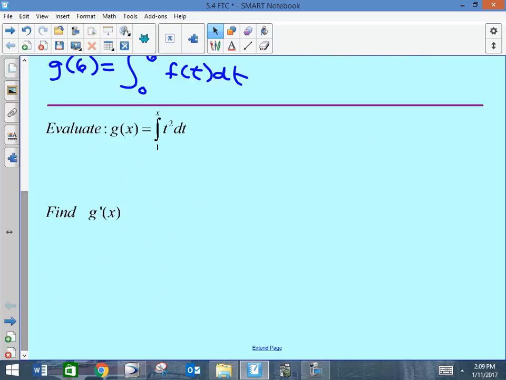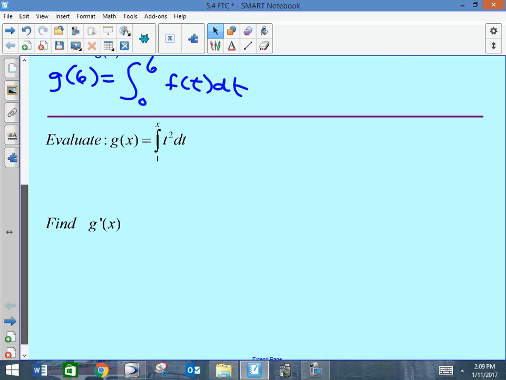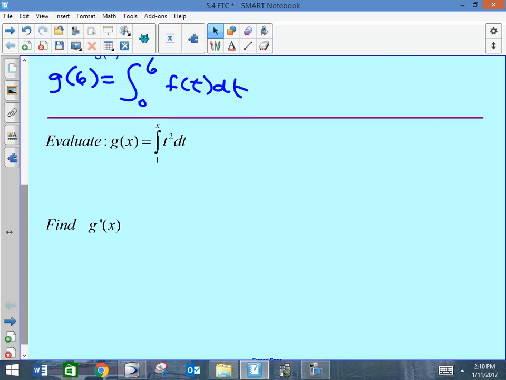Okay, let's evaluate g of x. Evaluate means to find the value of. Now, there's a little line here, which means it's a little bit different. How would we evaluate that definite integral? How do we evaluate any definite integral? We don't have a graph. Okay, antiderivative, what is it? Right.